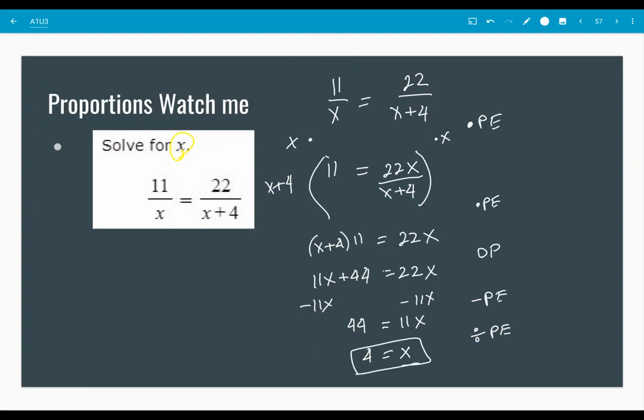So if we plug that back in, what we get is 11 is to 4 as 22 is to 8, which when we think about it, makes sense. And as you start to see the patterns with proportions, you could have jumped straight to this step. You could have said, okay, 11 to 22, what's the difference?